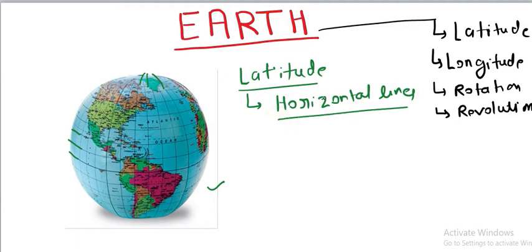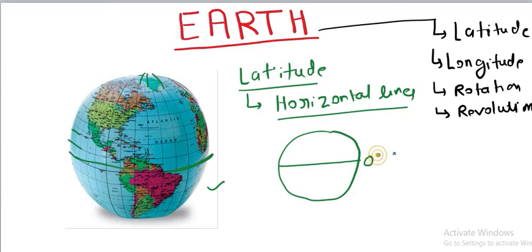If we talk about some important latitudes, in the middle of the earth, this line is called 0° latitude, and it is also called the equator.